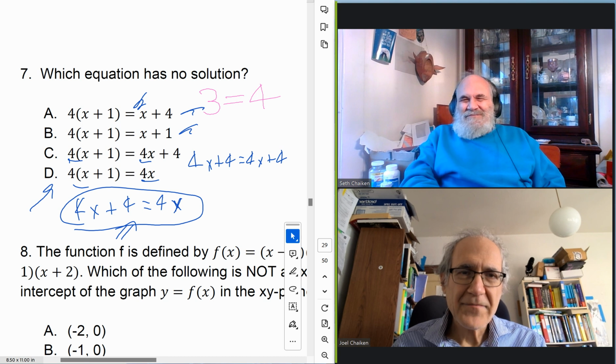In which case, when the coefficient is 0, the equation is either a true equality of particular numbers, or a false equality of two numbers.